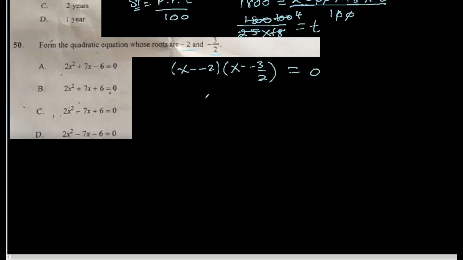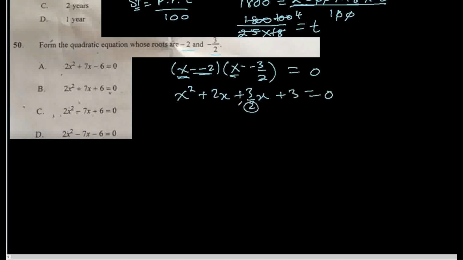So let's open this up. X times x is x square. Plus 2 times x is plus 2x. X times plus 3 over 2 is 3 over 2 x. And then plus 2 times 3 over 2, 2 and 2 cancel. It will be 3, equal to 0.